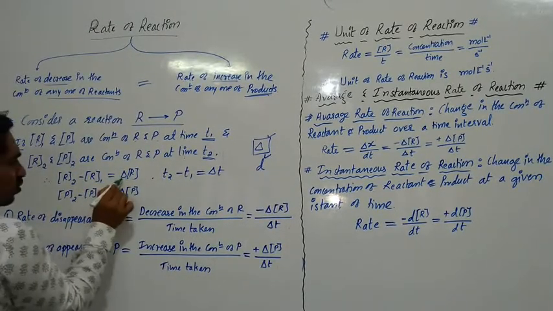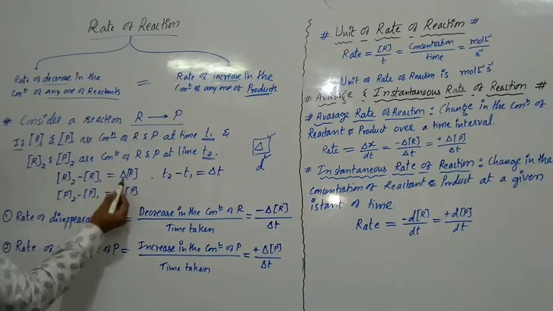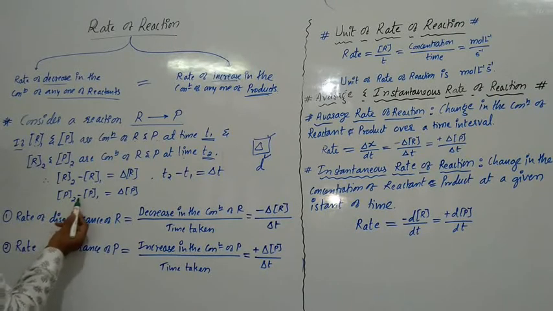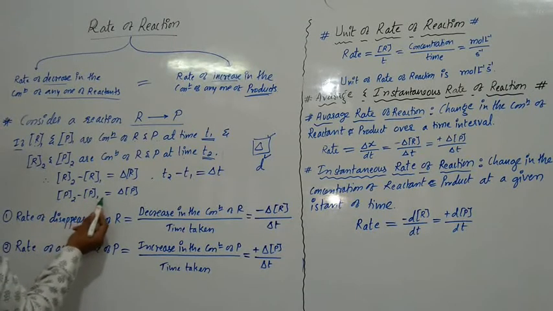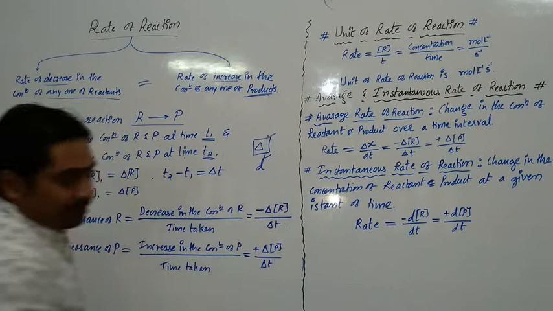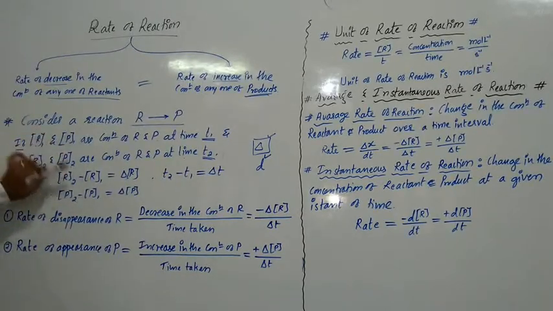So the change in the concentration of reactant is delta [R]. [P]2 minus [P]1, the concentration of product at time t2 minus the concentration of product at time t1, is equal to the change in the concentration of product. t2 minus t1 is the change in time. So by using these parameters, we can calculate rate of reaction.